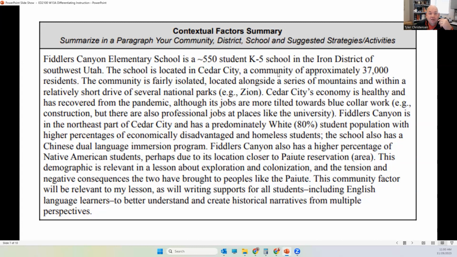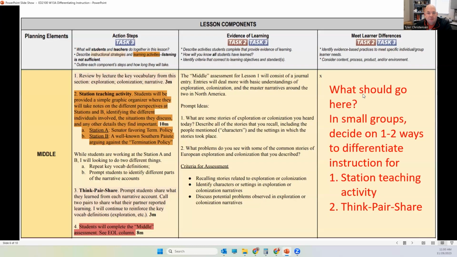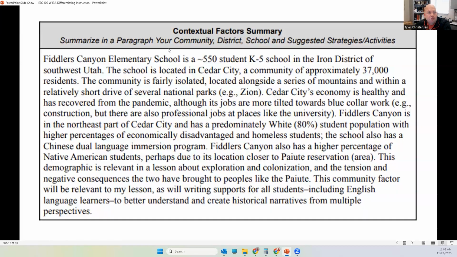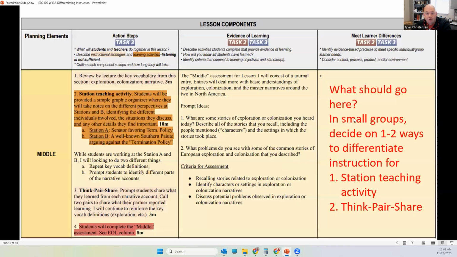Our contextual factors. If we truly, let me go back, if we truly want to make accommodations here, we have to consider this classroom. So if we revisit from our own unit planner, what class are we targeting? What are the things there? So if we look here and say, hey, English language learners might be an issue. So now let's go back to this and think about English language learners.